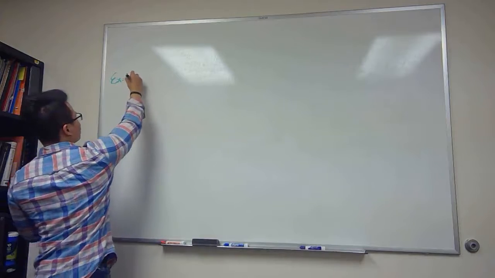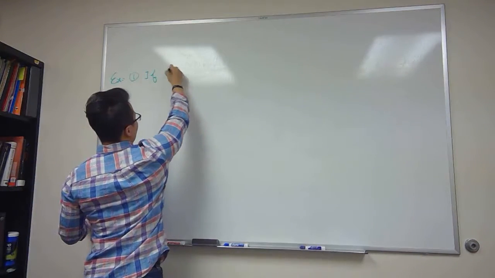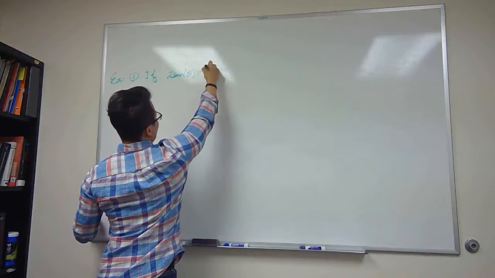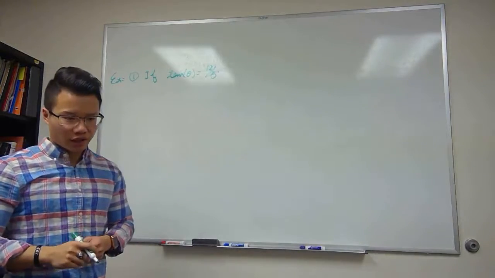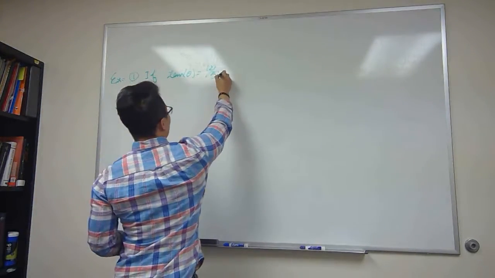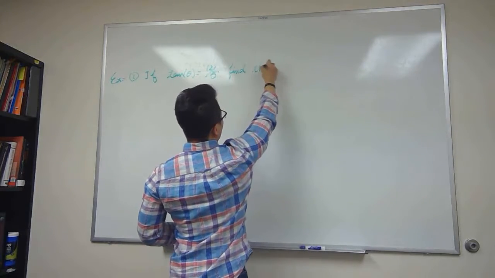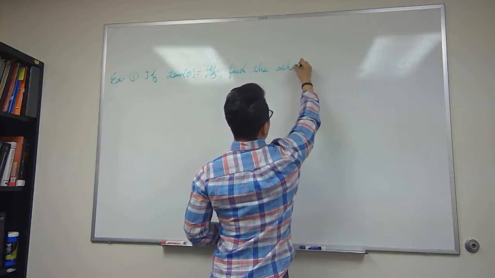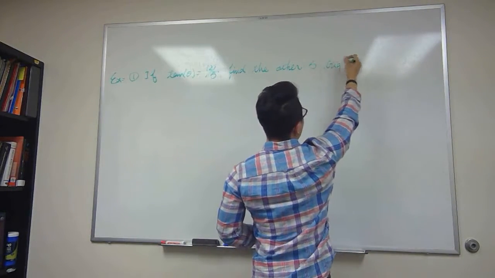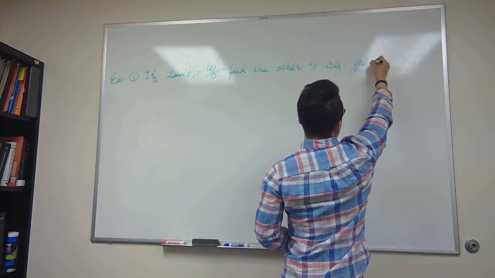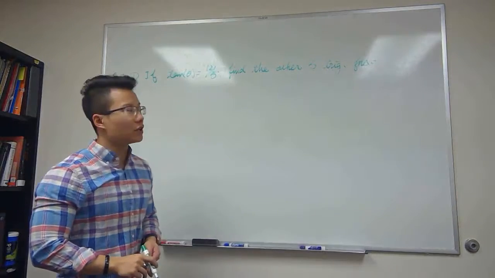Number 1, if tangent theta equals 12 over 5, what we want to do is find the other 5 trig functions. I use FNS in here, it's short for functions.